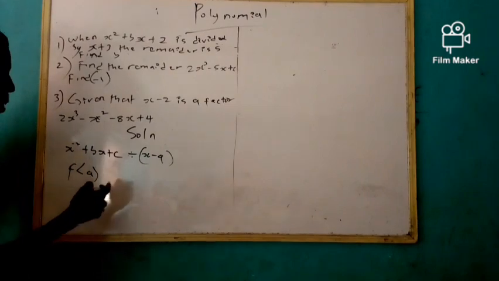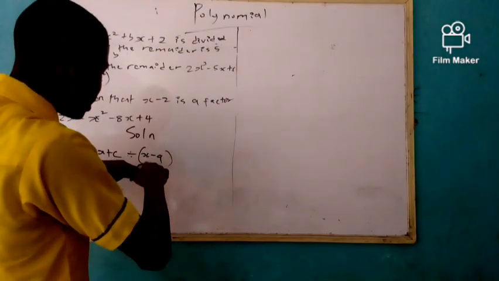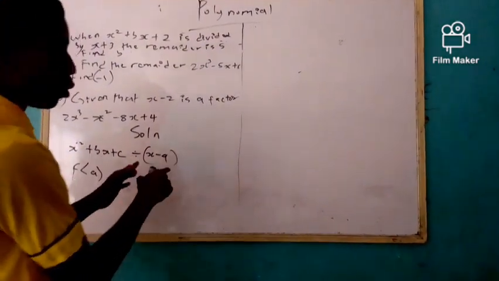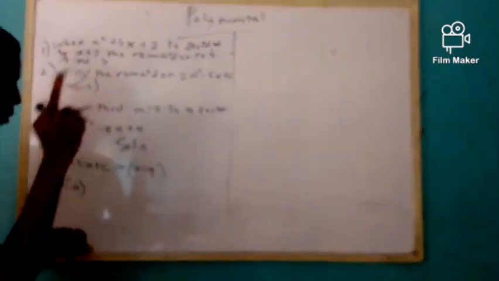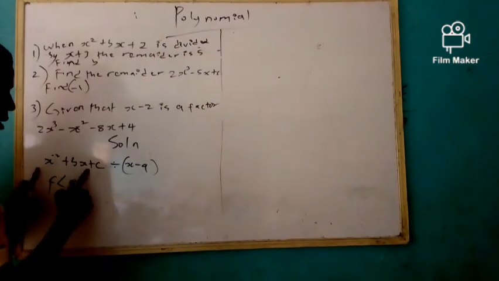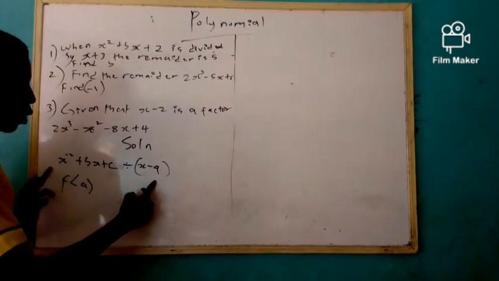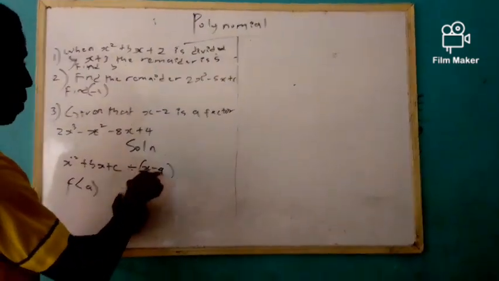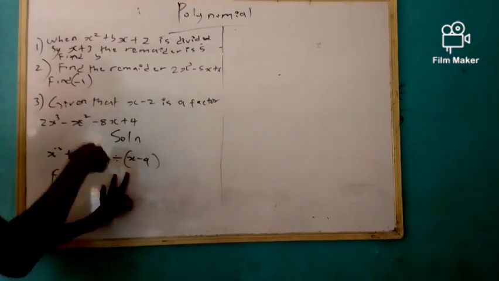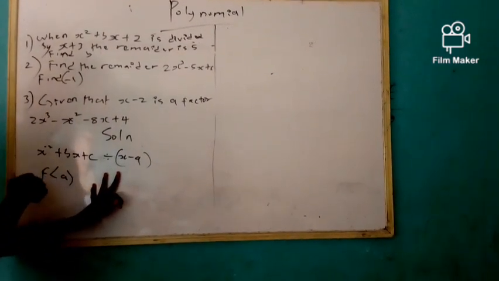This is the remainder theorem. I explained something the other time: if it is division, this is the dividend, and this is the divisor. So if the divisor is like x minus a, the remainder will be f(a), that is the function of a.